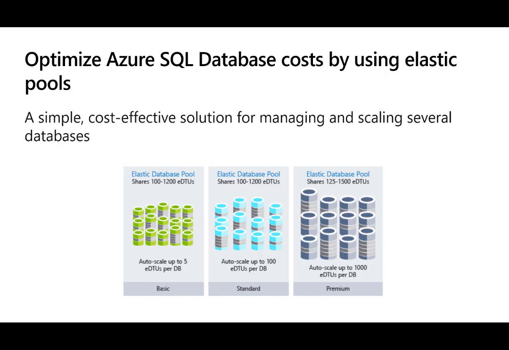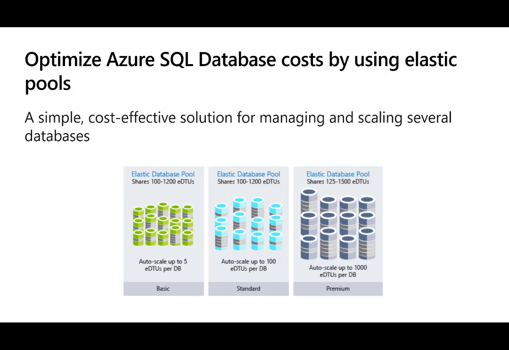Pools are well suited for a large number of databases with specific utilization patterns. For a given database, this pattern is characterized by low average utilization with relatively infrequent utilization spikes. The more databases you can add to a pool, the greater your savings become.